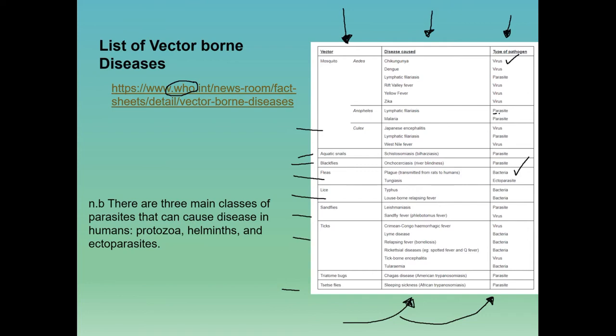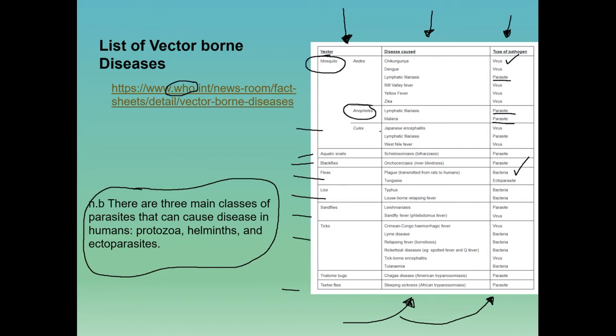Now, what we see in here is something called a parasite. And I put a note down here that there's three types of parasites. And one aspect of this vector-borne disease that I'm going to go into is malaria. Malaria is caused by the Anopheles mosquito, and here we are, it's a parasite.